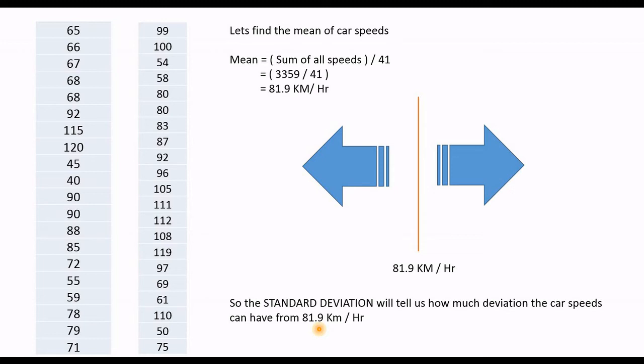So for the next car speed that I monitor on the road, how far it will go above 81.9 and how far below 81.9 it will go, this will be told to me when I know the standard deviation.